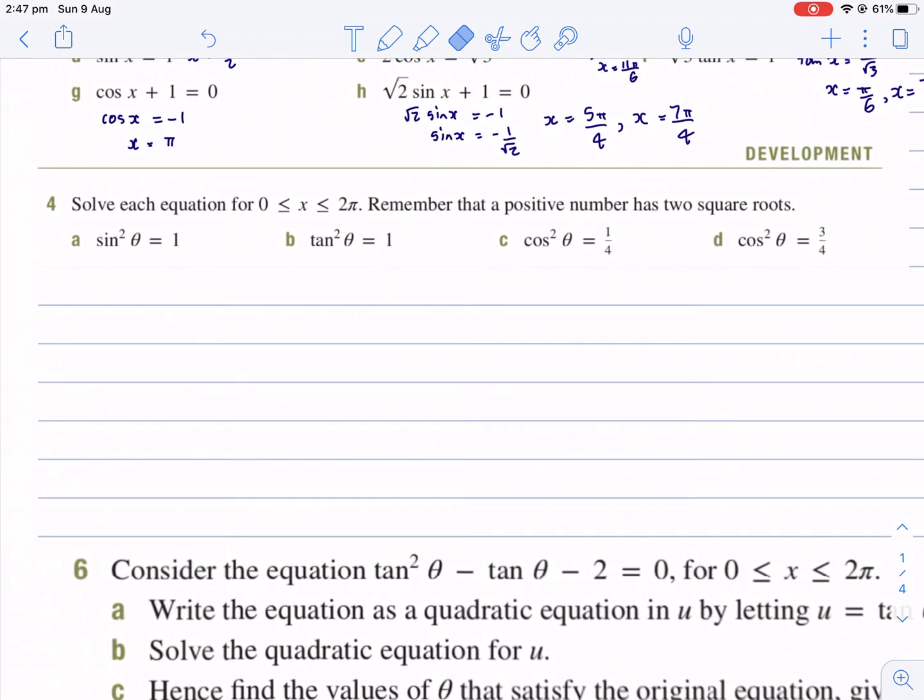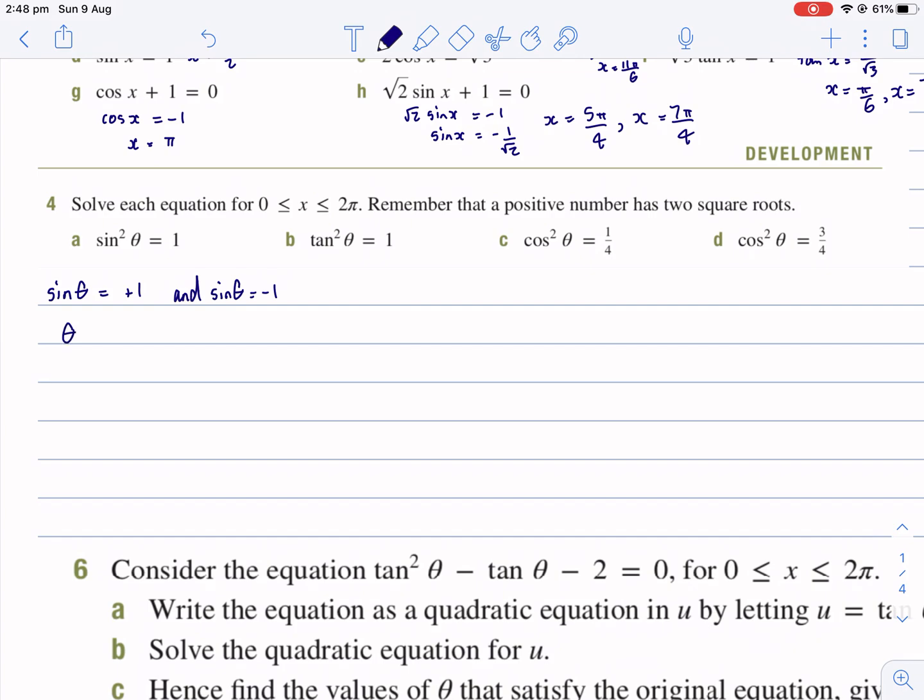Okay, solve each equation all the way around. Remember that a positive number has 2 square roots. So for these ones, we've got sine squared theta equals 1, which means sine theta equals +1 and sine theta equals -1. Because +1 times +1 is 1, -1 times -1 is 1.